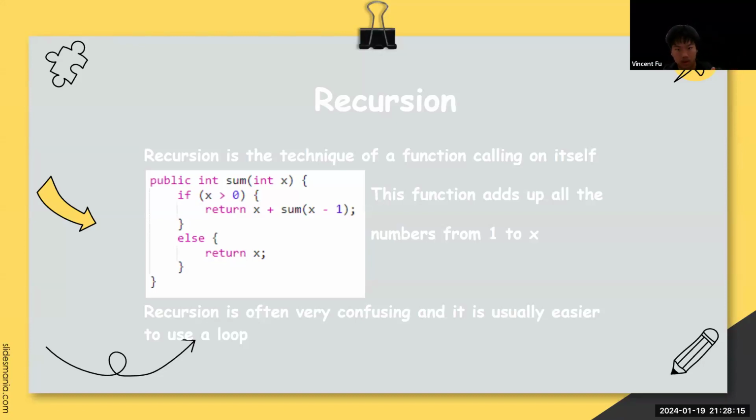That's when we return 0 because now we go to the else part of the if statement, and we kind of climb our way back up. We go 0 plus 1 plus 2 plus 3 plus 4 plus 5 plus 6 plus 7 plus 8 plus 9 and then plus 10. So then it'll sum up all the numbers from 1 to 10.